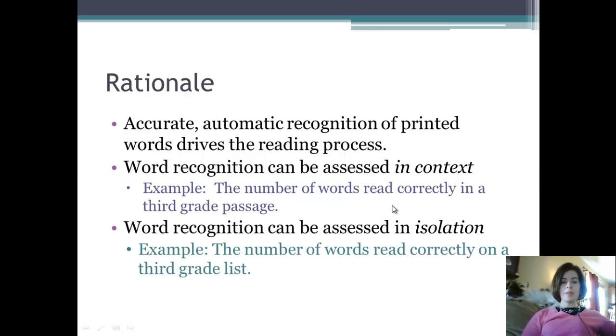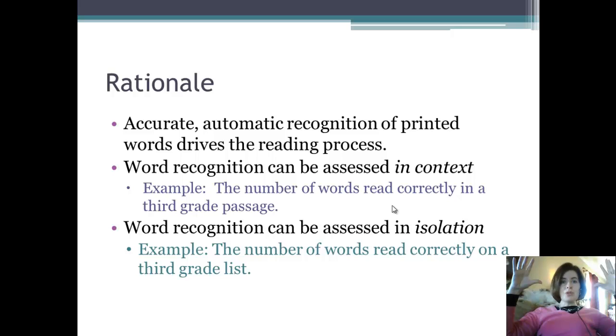So here's the rationale. Accurate, automatic recognition of printed words drives the reading process. This goes back to the very beginning of the class where we showed the diagram where we have one circle, and within that circle we have the mental capacity. Print processing at the very beginning stages of reading takes a lot of mental capacity.